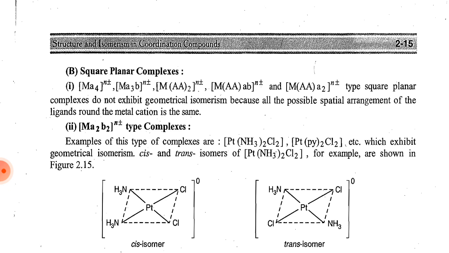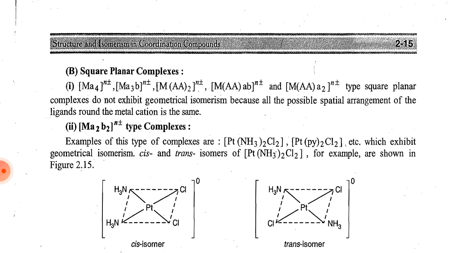So these square planar complexes do not show geometrical isomerism. The reason is that all possible spatial arrangements of the ligands around the metal cation are the same.